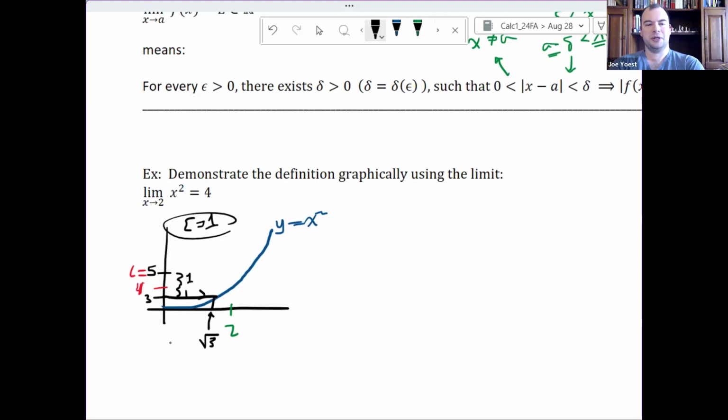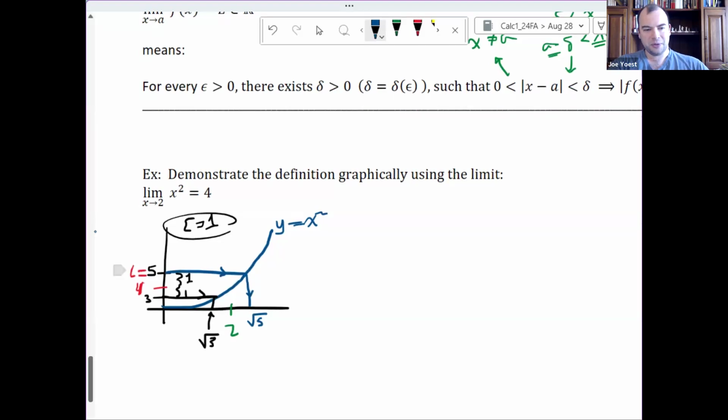Square root of 3 squared is 3. I also see that the output of 5, if I follow this over, and then down to the input space, is related to an input of square root of 5. Square root of 5 squared is 5.